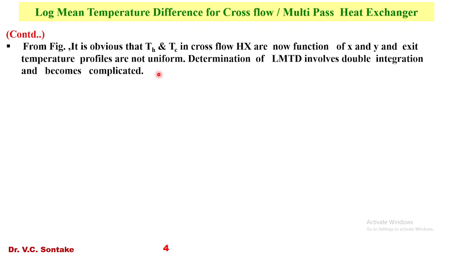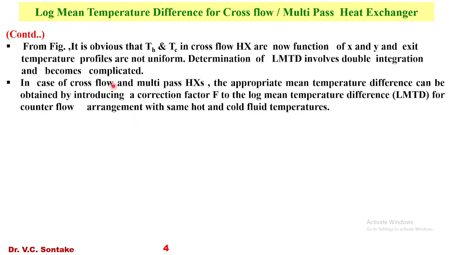Since temperatures are varying in x and y direction, to get the variation of temperature in x and y direction, we need to differentiate it twice, and that makes the derivation quite involved and complicated.